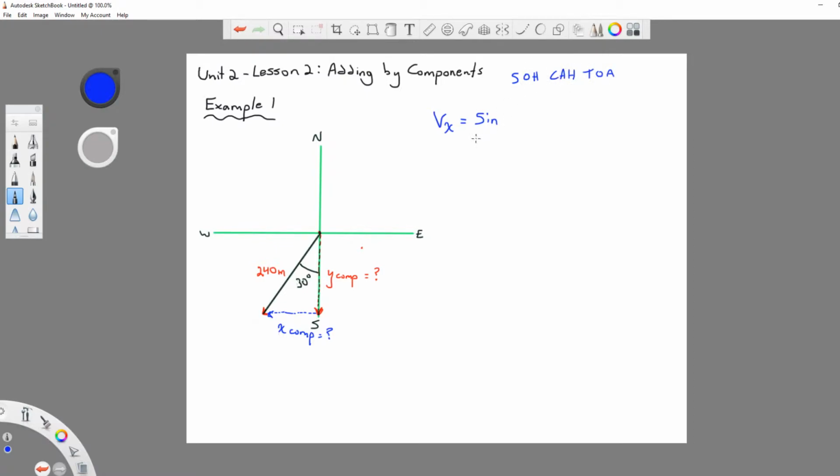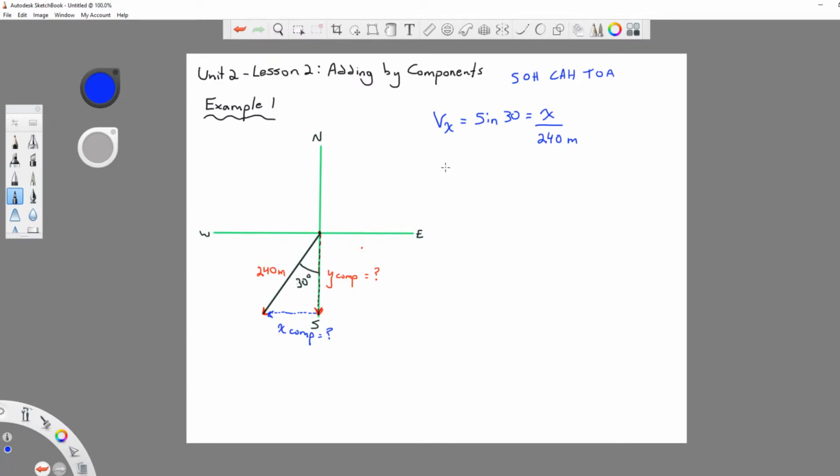So we have opposite and hypotenuse. Sine of our angle, 30, is equal to, well, opposite over hypotenuse. So our x over 240 meters. We can just cross multiply this up, or multiply both sides, right, by 240.